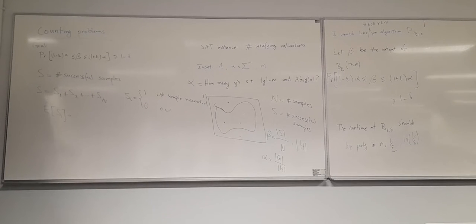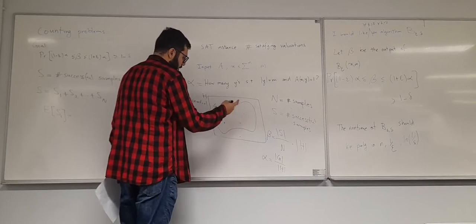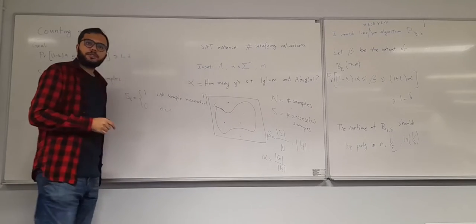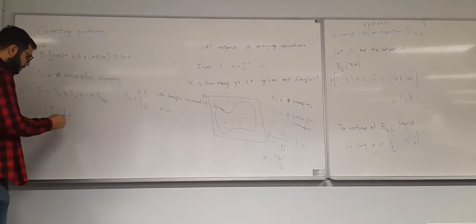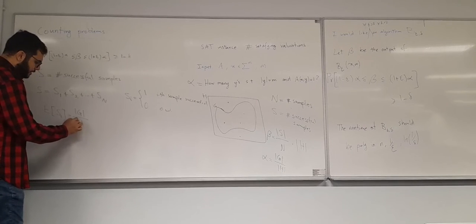So one Si is just the result of one of my samplings. So I'm choosing a point uniformly at random here, and then I'm just checking whether it's in G or not. So the probability that I succeed is just going to be the size of G over the size of H.